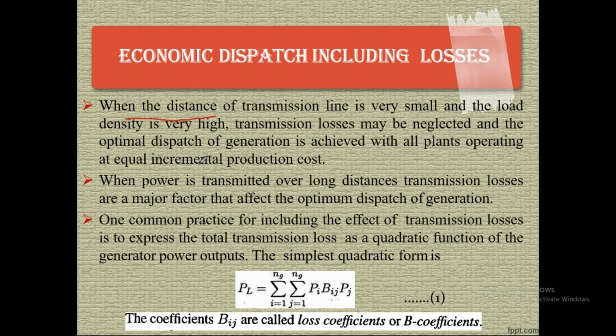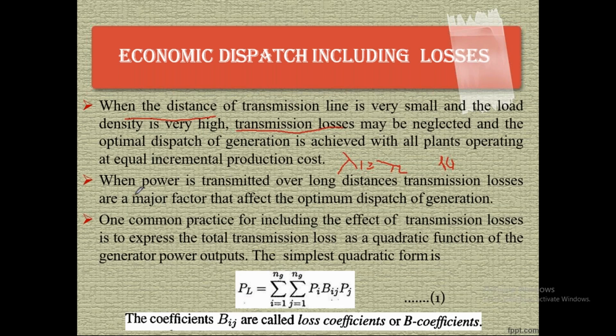In that case we are equating all the incremental production costs. The incremental production cost is denoted by lambda, right? So in the first case we equate lambda 1 equals lambda 2, and finally we find the values of PG1, PG2. In this type of condition we are not considering any transmission losses, as they are completely negligible.